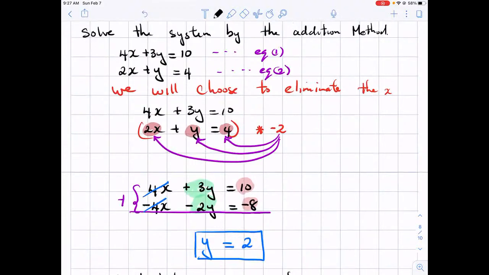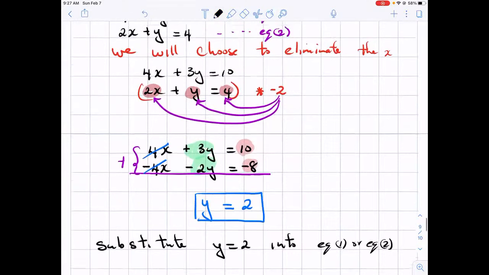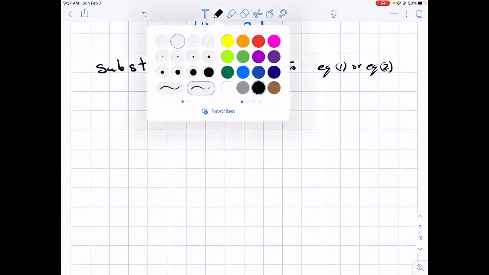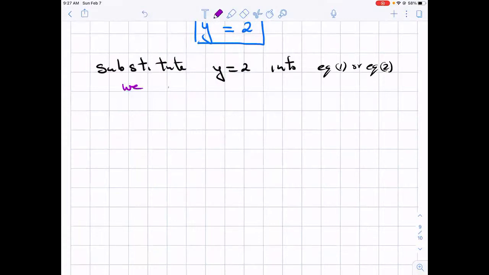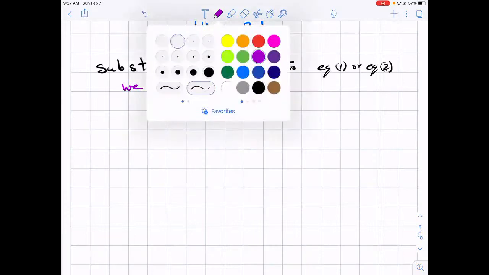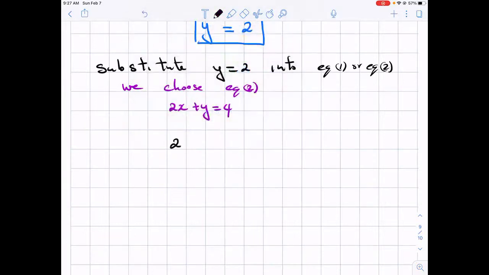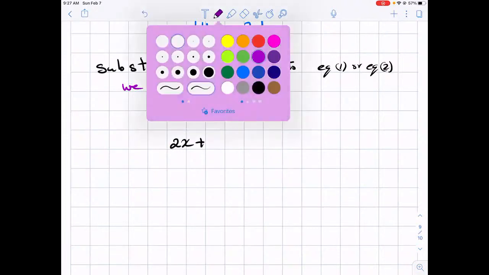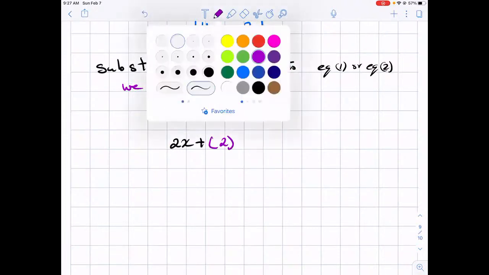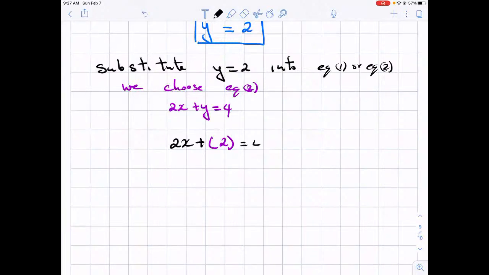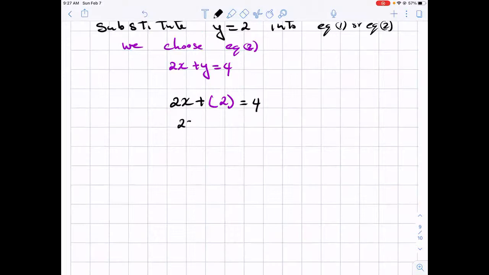In this case, I'll choose equation 2, it doesn't matter: 2x plus y equals 4. So now we're going to replace y with 2. So 2x plus, instead of y, I'm going to write 2, and that is equal to 4. So 2x plus 2 is equal to 4.